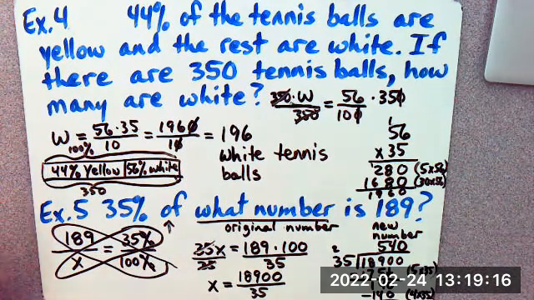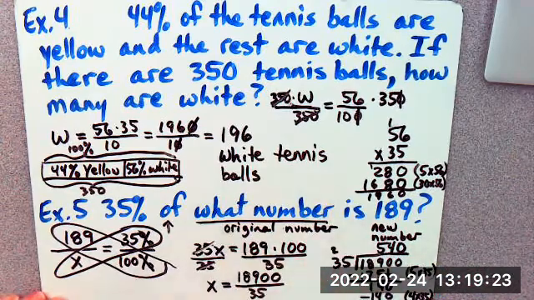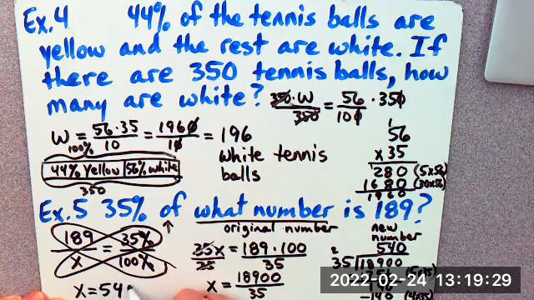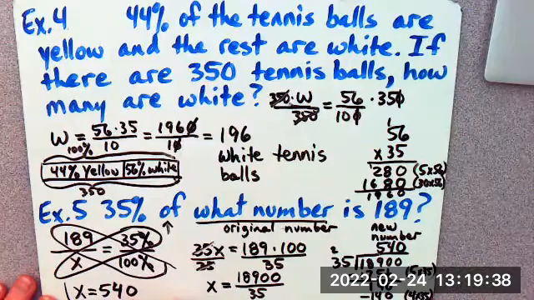All right. So the answer to this would be 540. So x equals 540. So that would be 35% of 540 is 189.